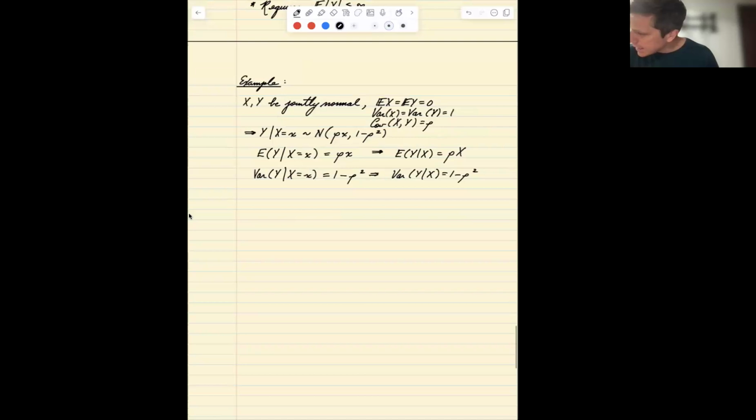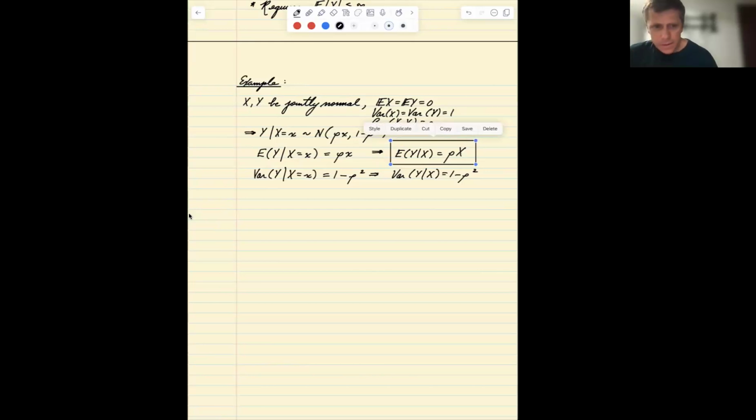So in this case, the conditional expectation is a random variable. What is the distribution of that random variable? Well, it has a mean and it has a variance.